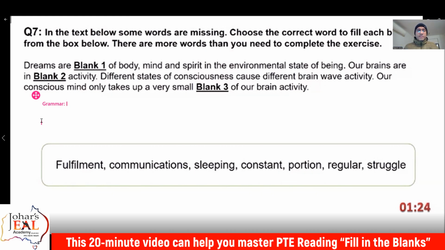So there are 4 things that determine these questions: grammar, collocation, the third thing is vocabulary, and the fourth thing is the context. We'll talk about each of these 4 one by one. So these fill in the blanks depend on these 4 things. First I'll be talking about grammar.